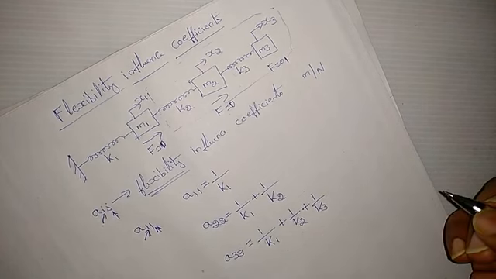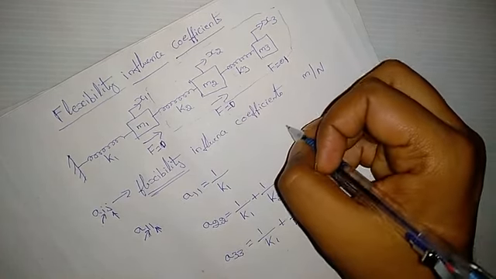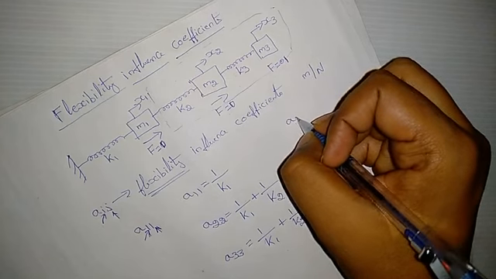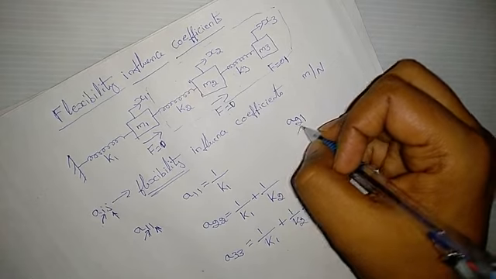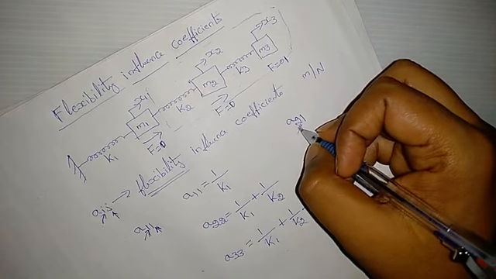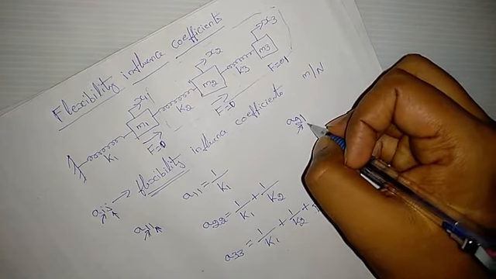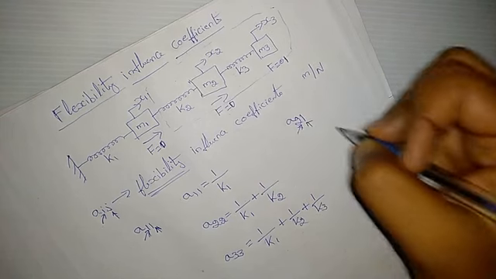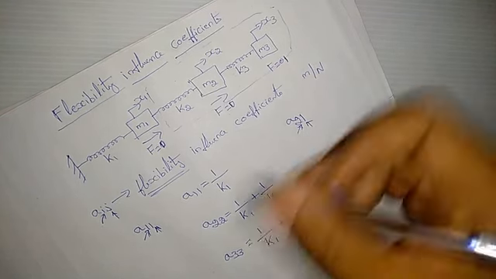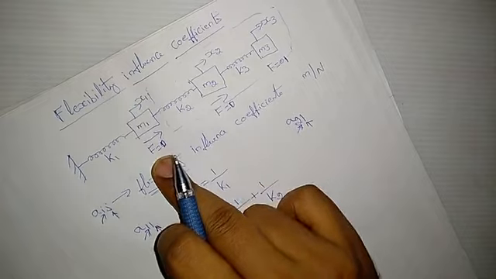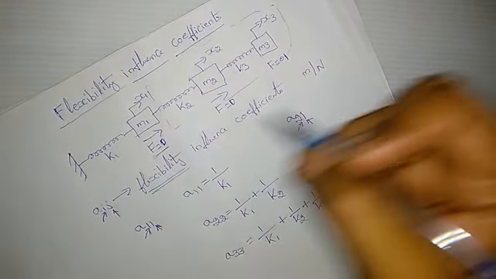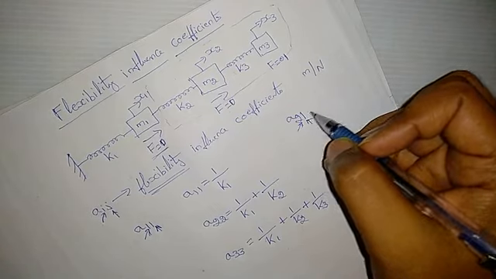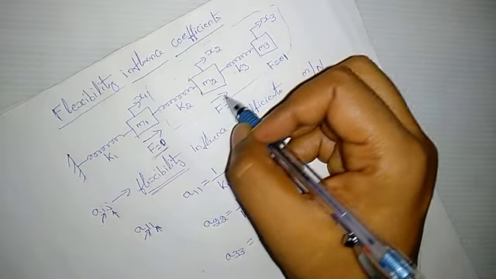Suppose you want to know what A21 is, that is, displacement measured at point 2, but load applied at point 1. So F is equal to 1 over here. What will happen for the displacement at this point?